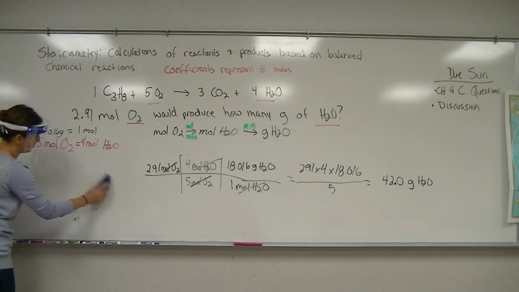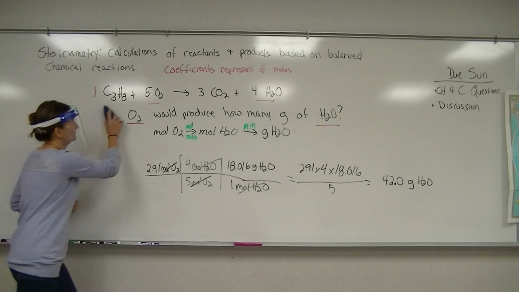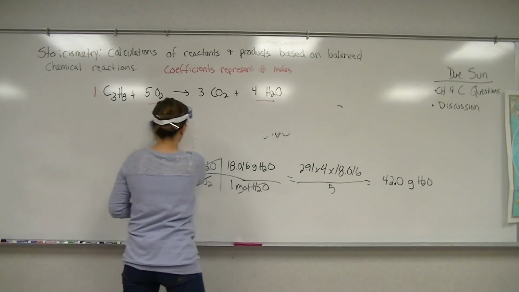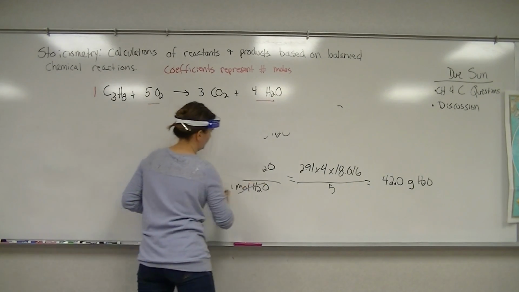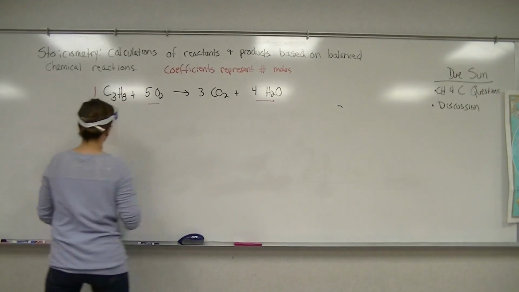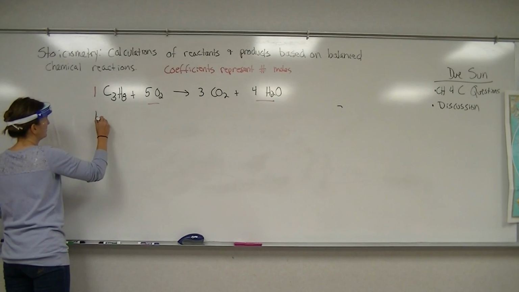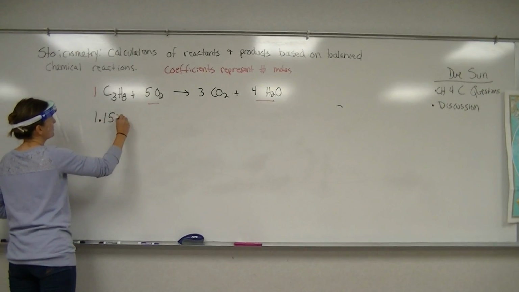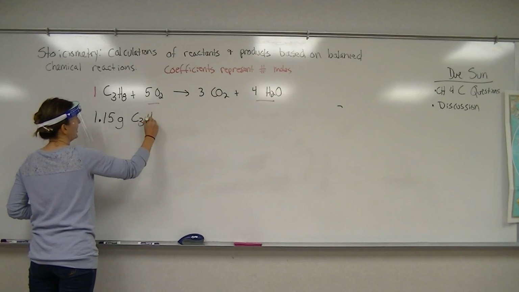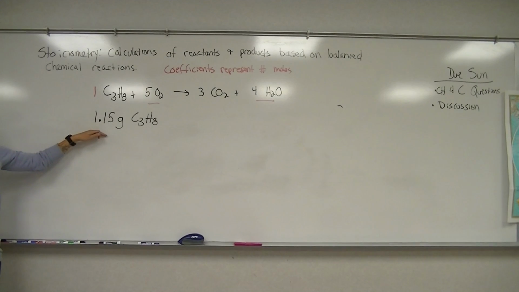I'll change the balanced chemical reaction in a minute. I just want to do one more using this one. And we're going to say, let's say we had 1.15 grams of C3H8. So that's one of the reactants. So that's how much I massed out on the scale.